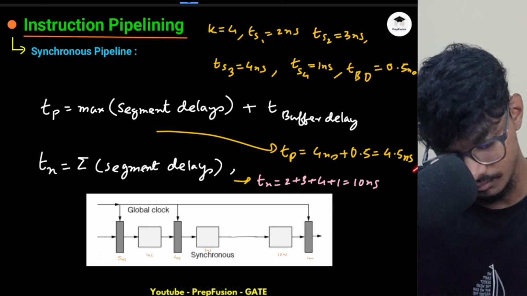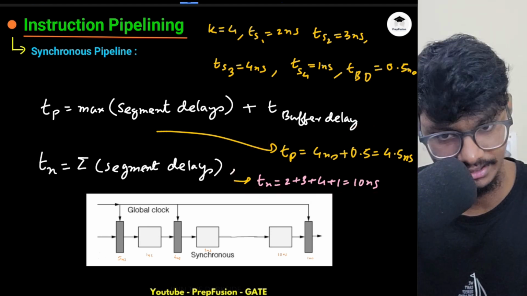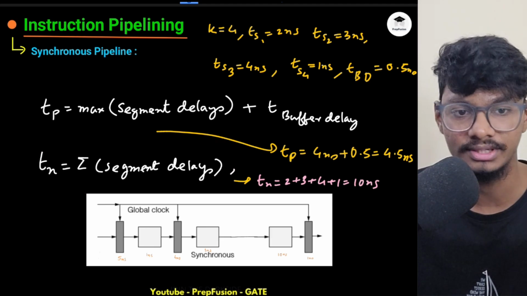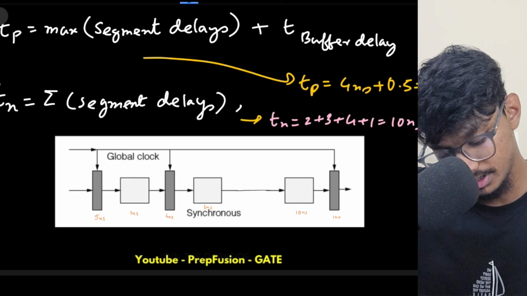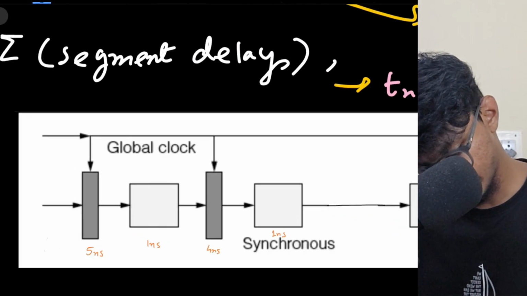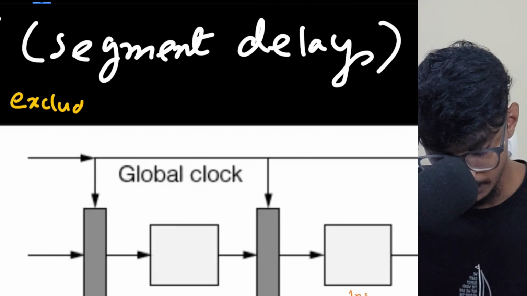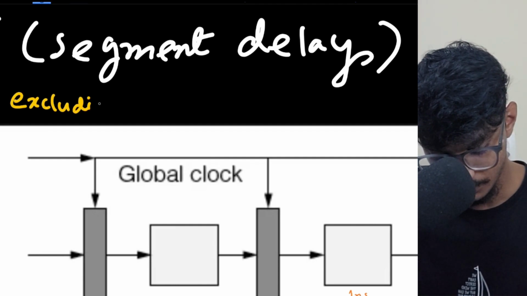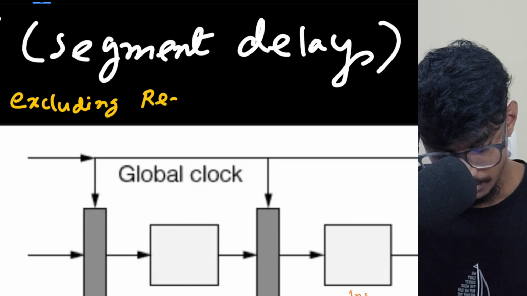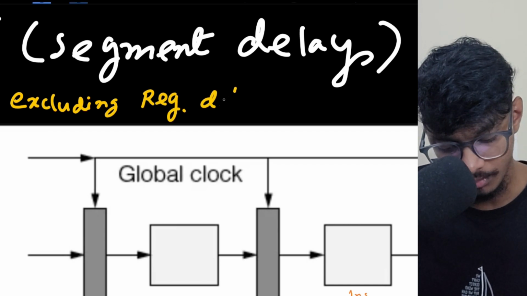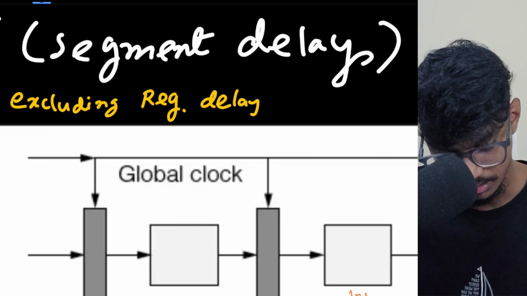That is how you compute TP and TN. I hope you understood this point. Your TN will always be the sum of all the segment delays, excluding the register delays, obviously, because for a non-pipeline system we will not use registers.